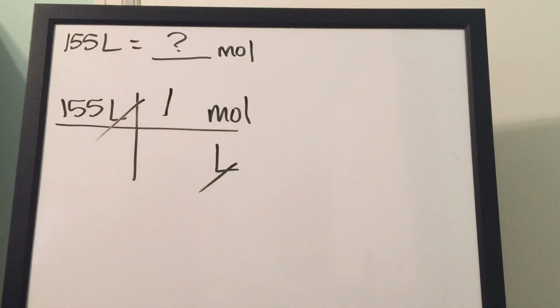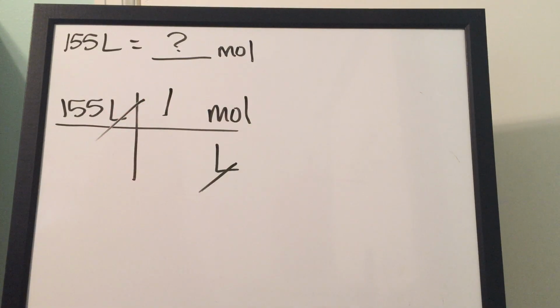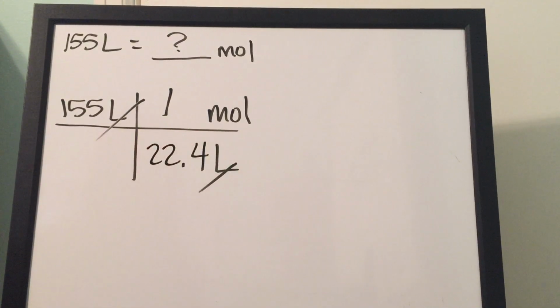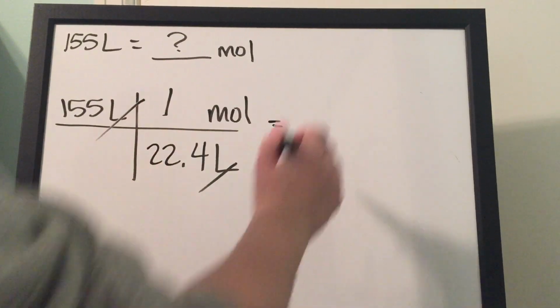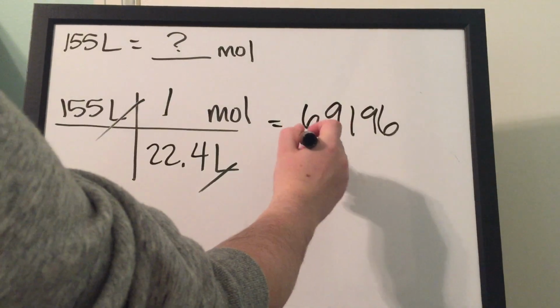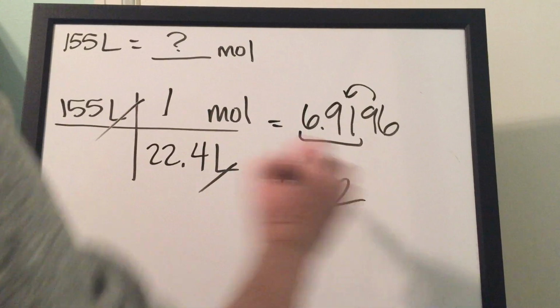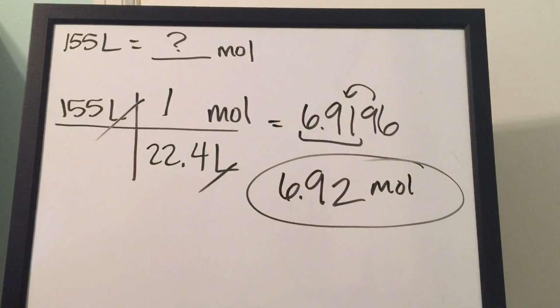So if you can remember that, you're kind of set for how you put these numbers in. So 1 mole of CO2, in this case, contains a volume of 22.4 liters. Again, I do my division. And to 3 sig figs, this one comes out to be something like this. So I want to keep these 3. The 9 will round this up. So 6.92 moles would be my answer to the correct number of sig figs.